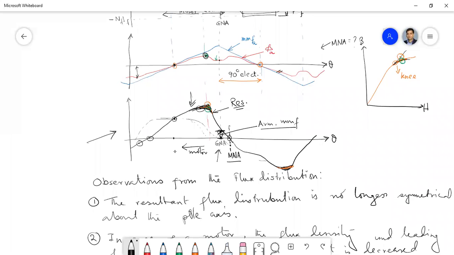Now in this portion, on this side, the flux has reduced, and on this side the flux has increased, because of this triangular distribution. At some part of this curve it has reduced the original flux, and at some part it has increased the original flux.